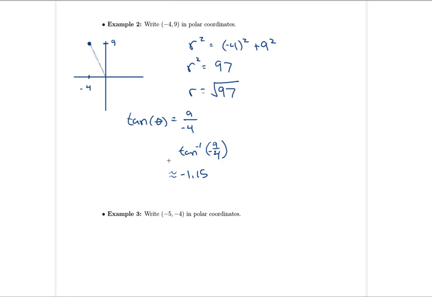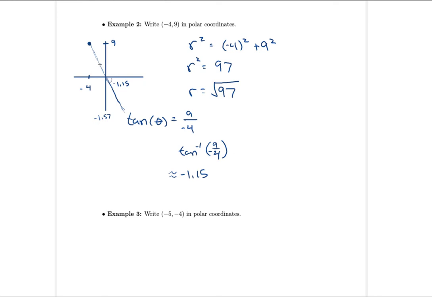Now, negative 1.15 would be going in the negative direction, but we know negative 1.57 is down here, so negative 1.15 would be something like this. That is not the direction we wanted to go to get to our value. If you look at this in relation to what we wanted, it's 180 degrees away.